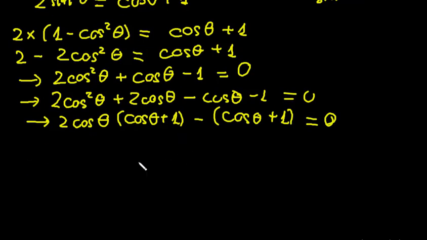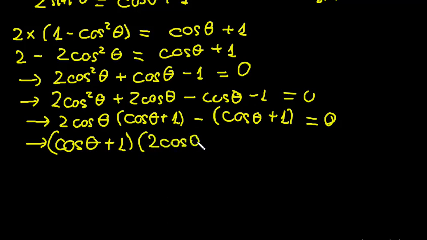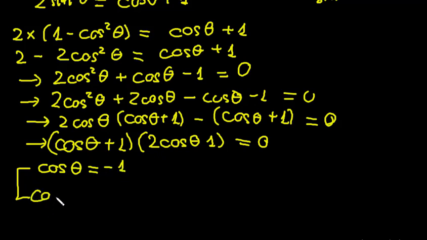So I will make cos theta plus 1 the common factor: cos theta plus 1 multiplied by 2 cos theta minus 1 equal to 0. So I have two possible options: cos theta equal to minus 1 or cos theta equal to 1 over 2.